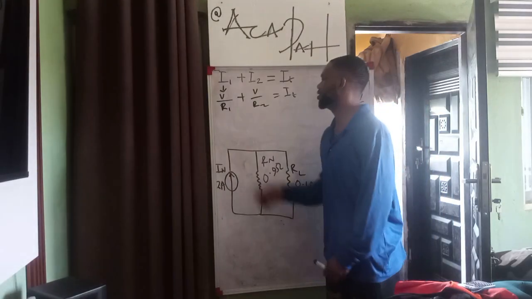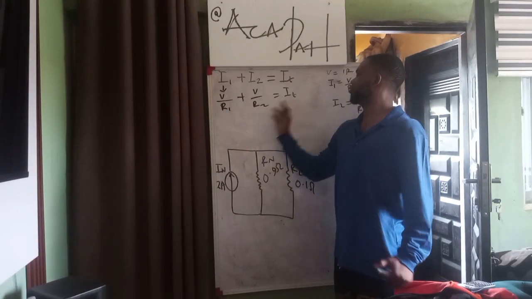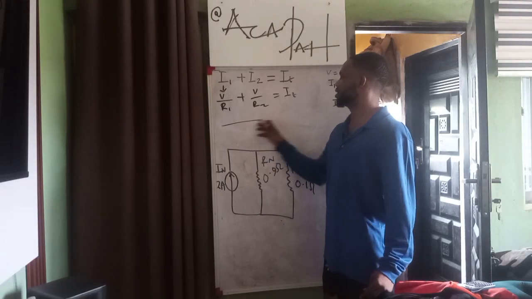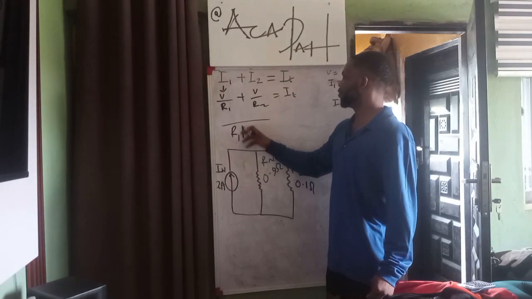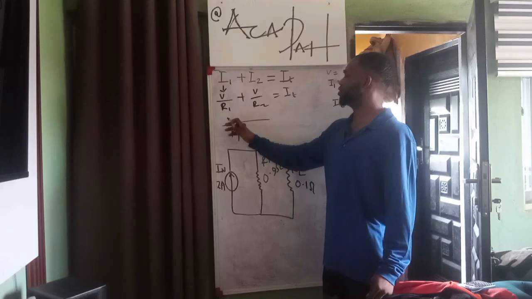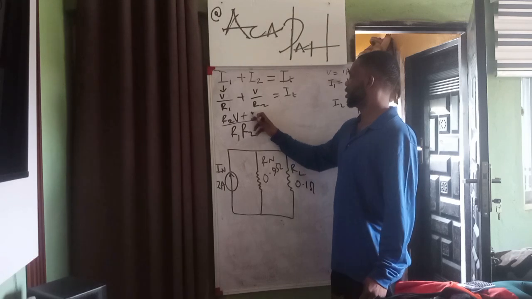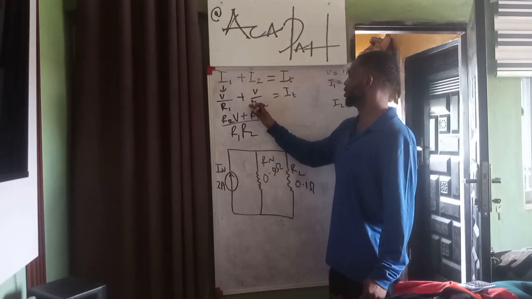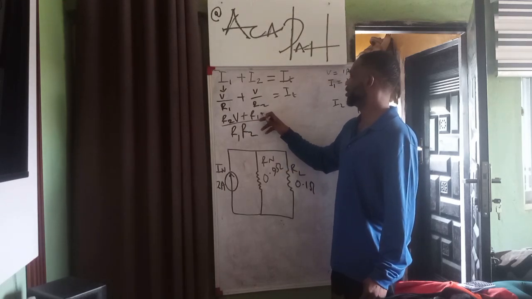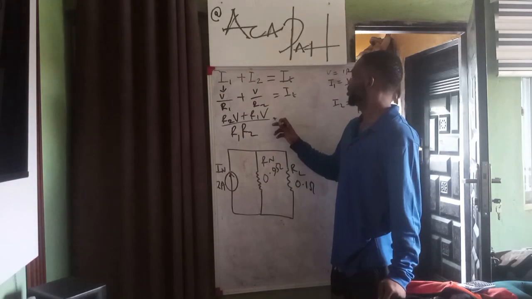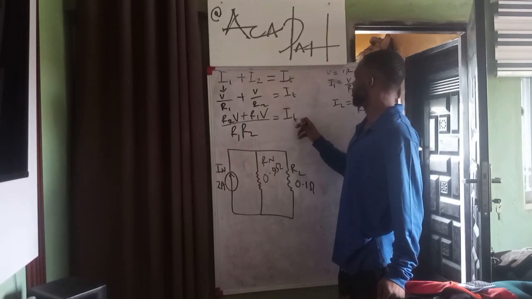So if I've noted this, let's solve this total current that is here. Finalizing this is simply the same thing as saying the LCM is R1 R2. If it goes here, you have R2 into V, then plus R1 into V, because R1 R2 divided by R2 is R1, times V, equal to IT.